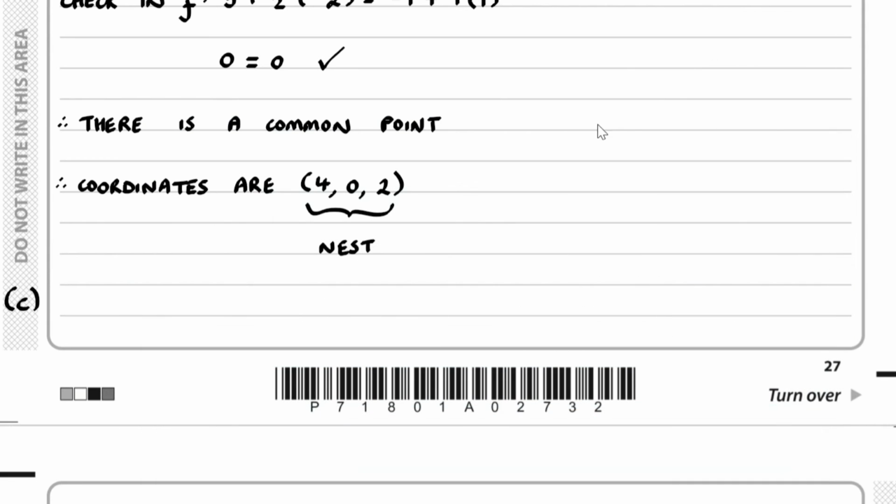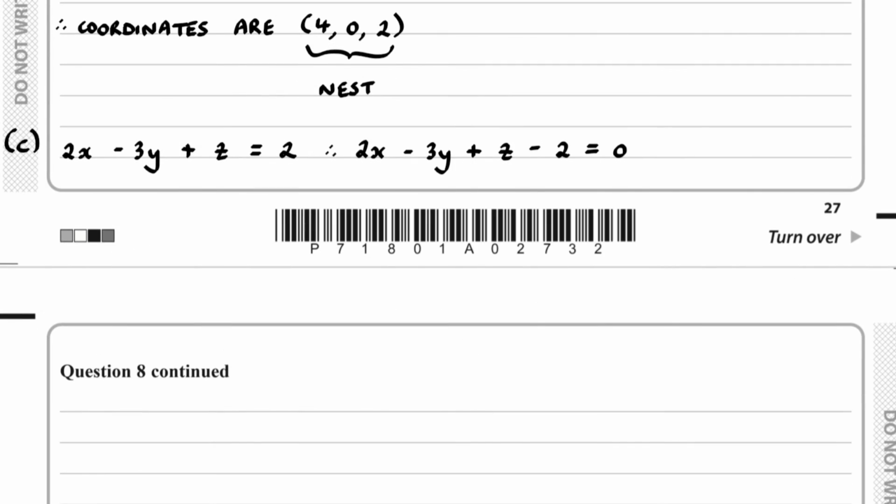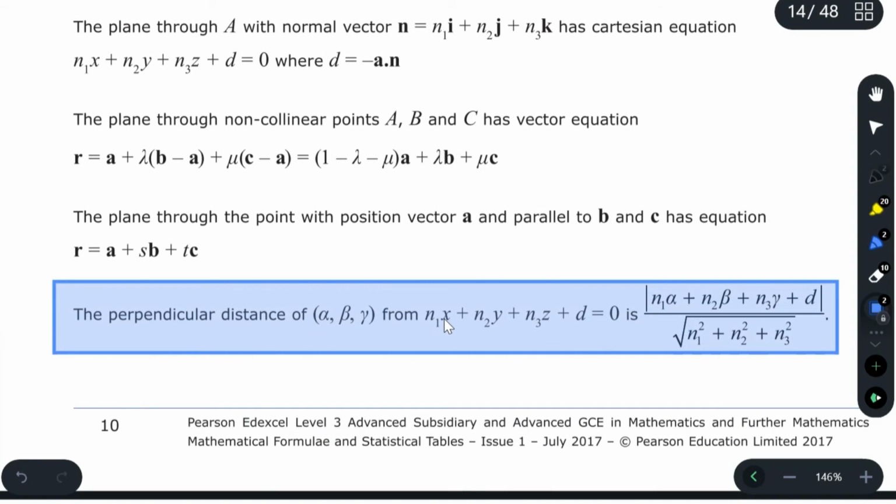So what we can do is rewrite our equation of the plane. If we have 2x minus 3y plus z equals 2, we can rewrite this as 2x minus 3y plus z minus 2 equals 0. So in that case, we know what n1, n2, n3 and d are. And we can use this formula here.